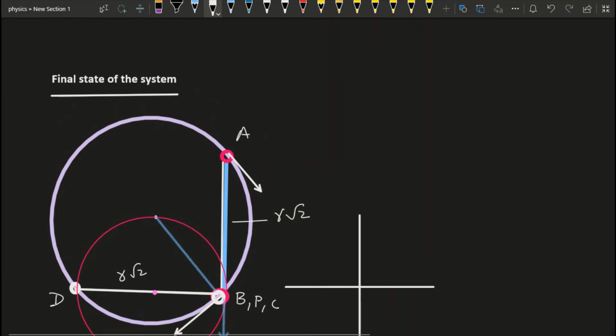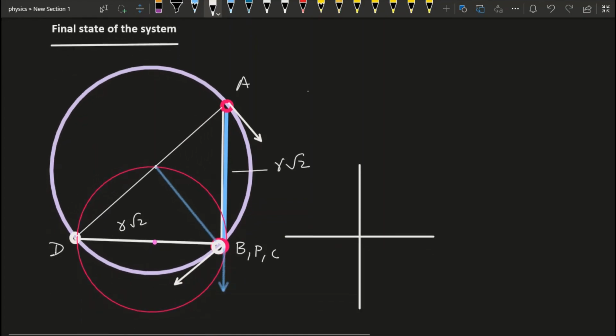So you can clearly observe this is a right angle triangle. If you take this hypotenuse, you will get the full clarity on the diagram. This is the hypotenuse, AD, and AB and DB are the adjacent sides. So in this situation we are required to find out the acceleration of the point of intersection.